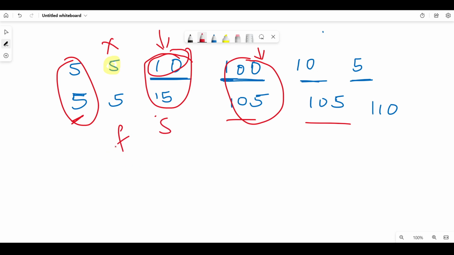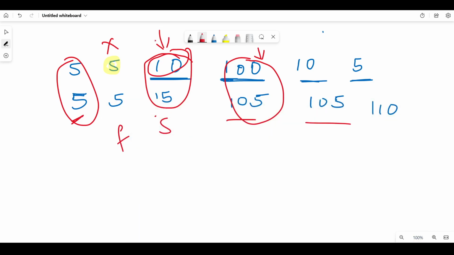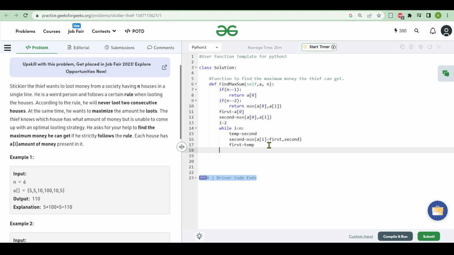So for that purpose I have kept its value in temp so that I can insert it into first, and I have calculated second, that is the value for this, by using the approach that I have already told you: I will add these two values and compare it with this value, whichever is maximum will be my current valued money that can be looted till the current house. And at last my answer is going to be in the variable second, so I will simply return second.